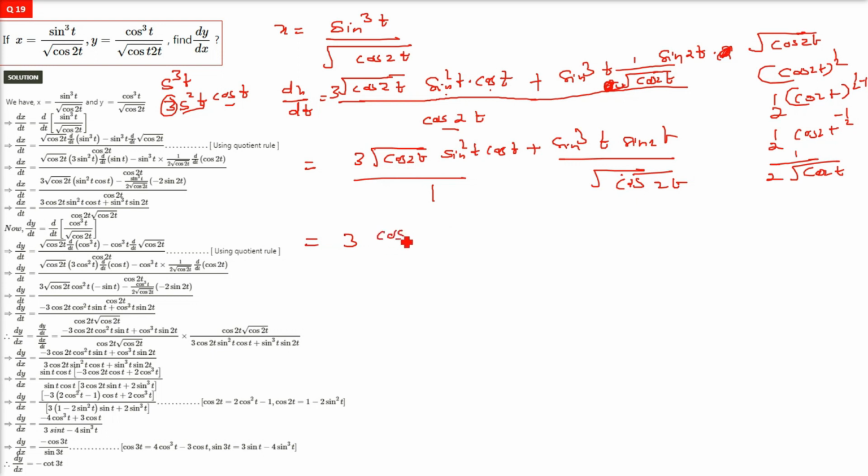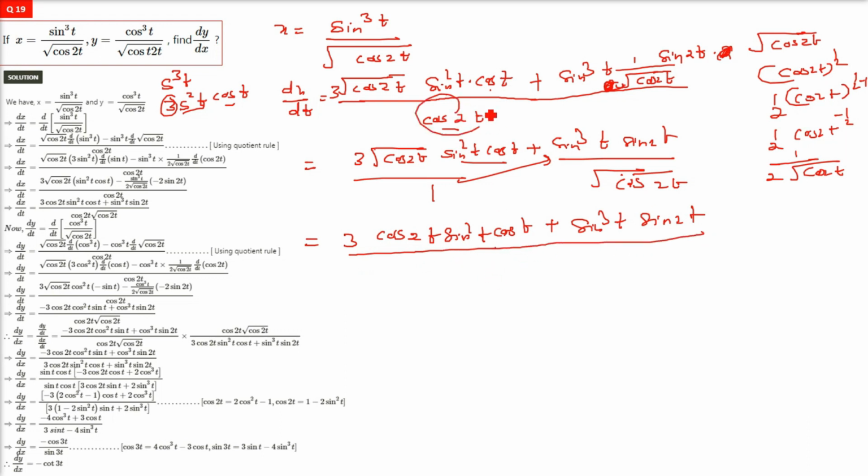So the 3 under root will go. So it will be cos 2t, then sin square t and cos t, plus multiply this sin cube t and sin 2t. And in the denominator, what you are going to get? Under root of cos 2t, so cos 2t and under root of cos 2t.